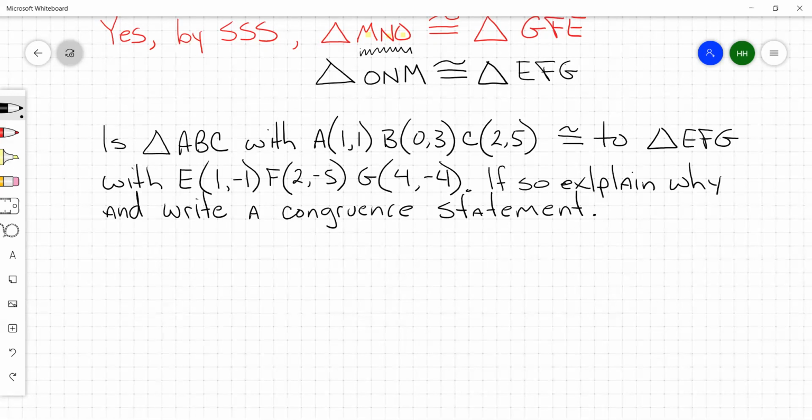So since we're in the section dealing with side, side, side, can anybody tell me what they think we need to do here?